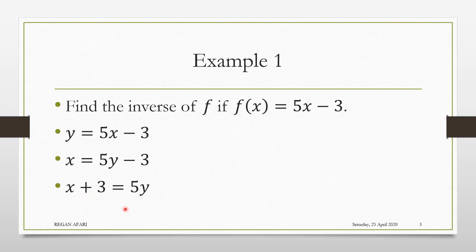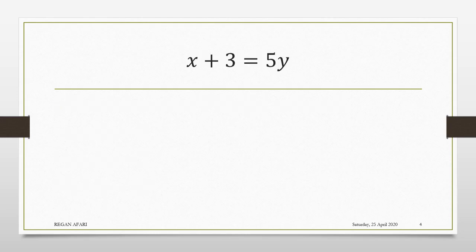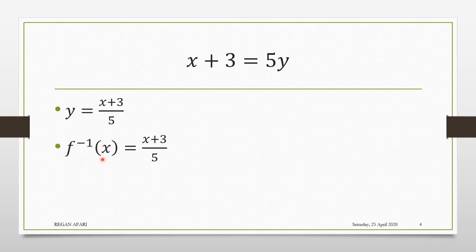Then finally, you divide through by 5 to make y the subject. So when you divide through by 5, you have x plus 3 over 5. Therefore, the f inverse is equal to x plus 3 over 5. So it's very, very easy.